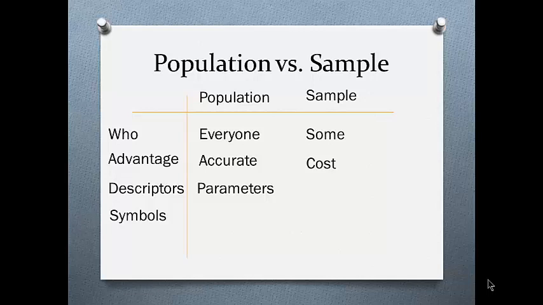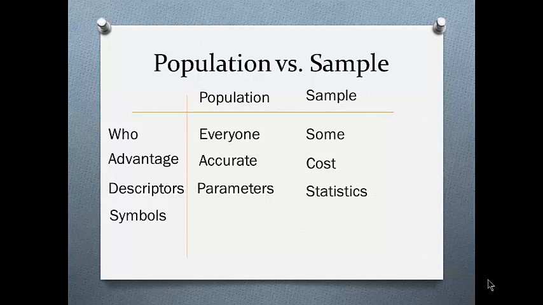All of these things are parameters because they are talking about everybody in the population. Now, if we took a sample and found out that on average there were this many cell phones per household, those are what are called statistics. Statistics come from small samples. Parameters come from the entire population.